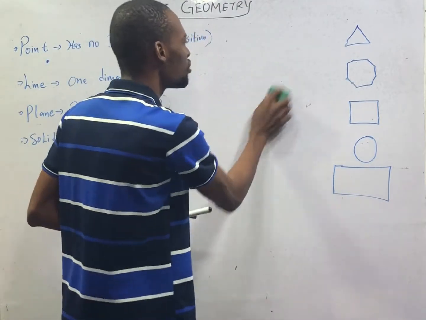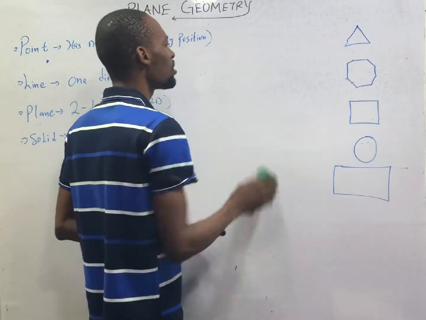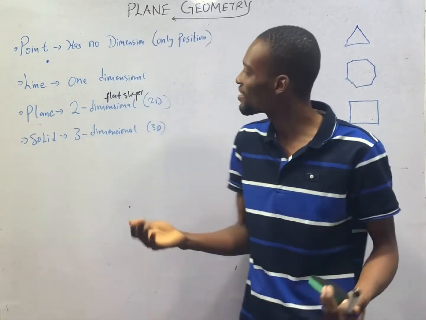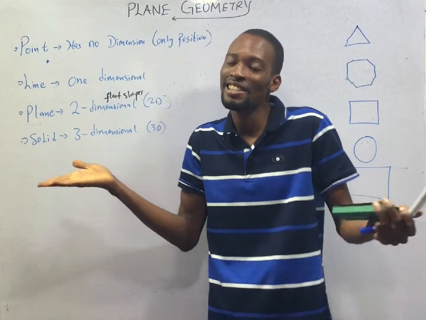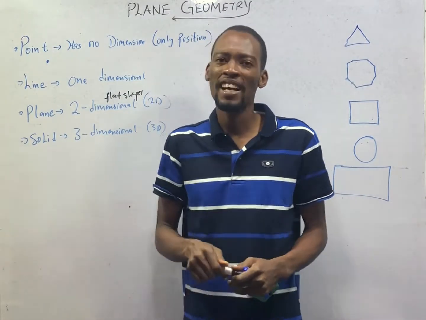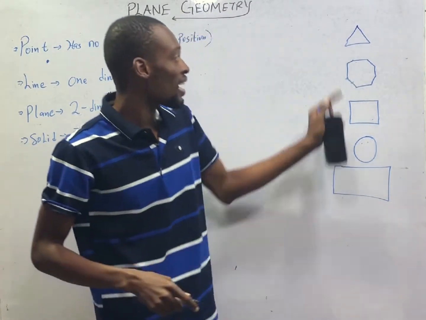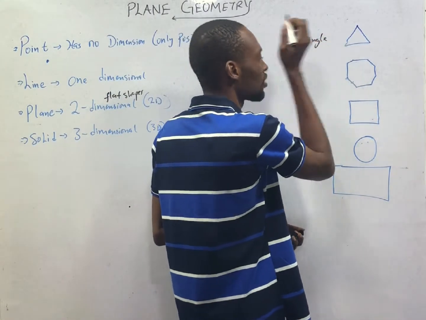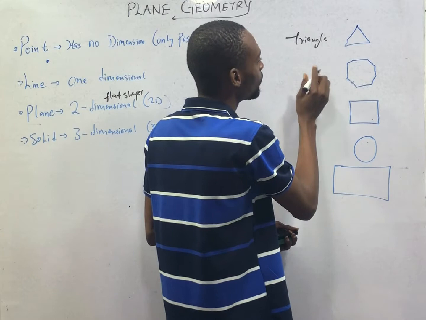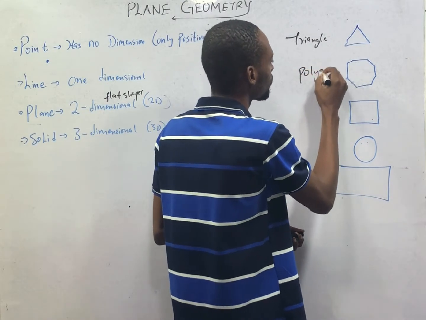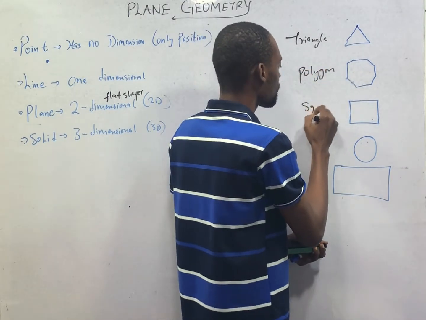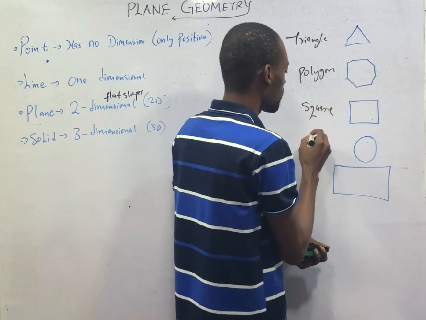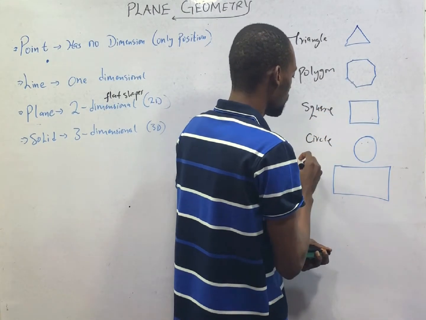Now, what is plane geometry? Plane geometry is simply the geometry that studies flat shapes. Yes. And what are examples of flat shapes? They are the triangle, polygon, square, circle, rectangle.